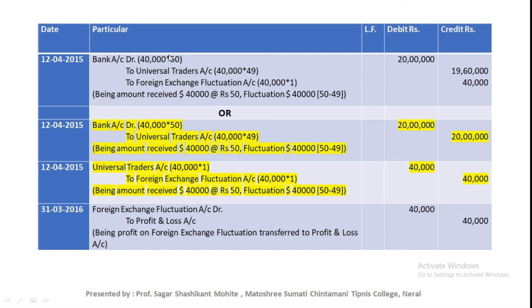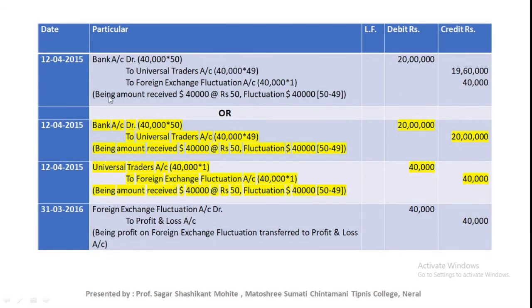Your receipt is rupees 50 per US dollar and your year-end rate was rupees 49, so you are receiving rupees 1 extra per US dollar. That is profit to the company, so the foreign exchange fluctuation account is credited by rupees 1 per US dollar, rupees 40,000.